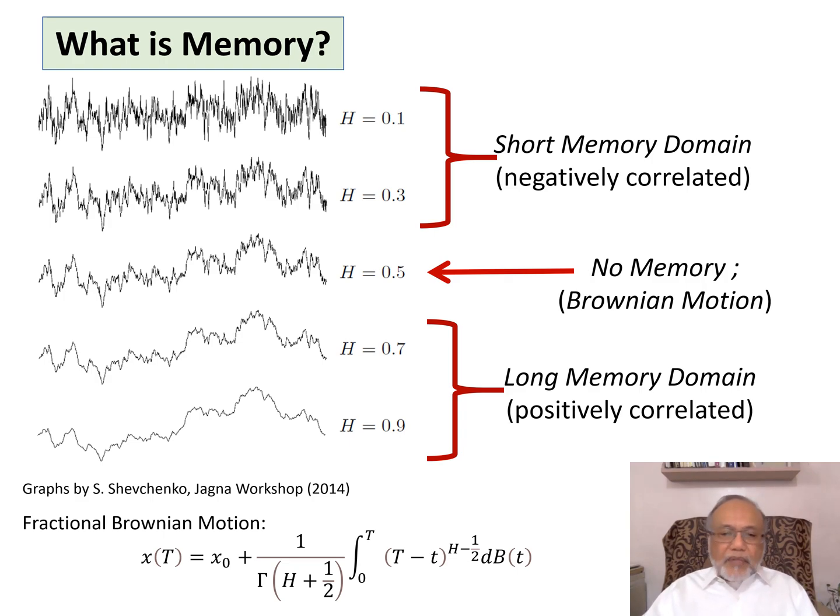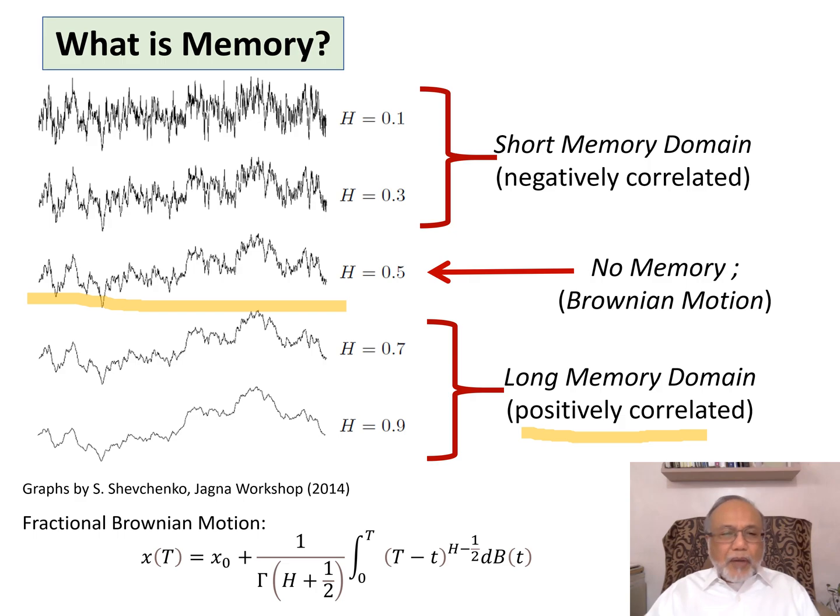And for the Hurst exponent greater than 1/2, the diffusion steps are positively correlated. And here, this would be the usual Brownian motion that we have. And so we have subdiffusion if h is less than 1/2, and superdiffusion when you have h greater than 1/2.